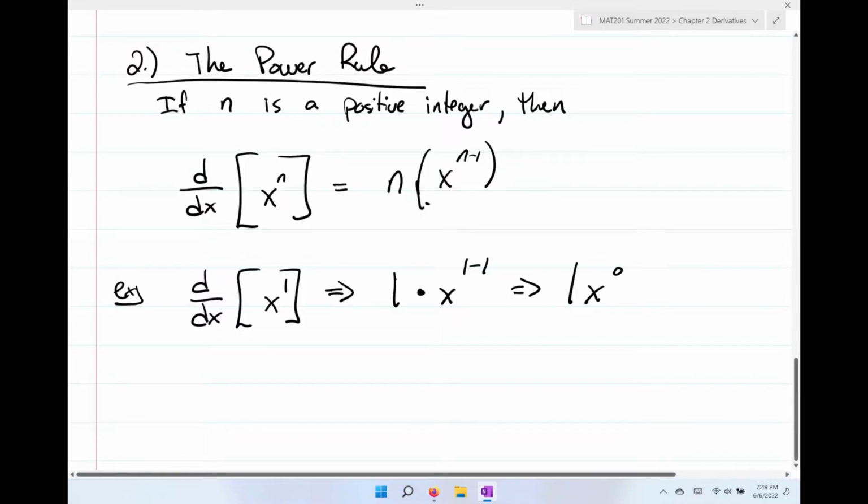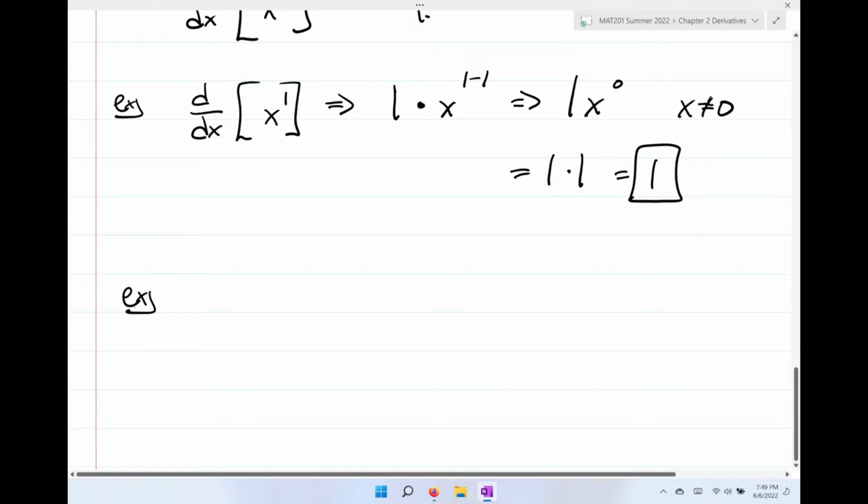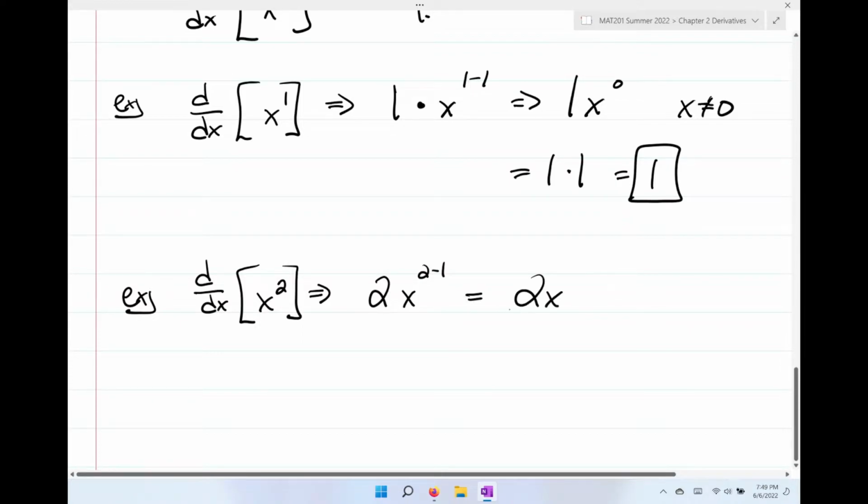And as long as x does not equal 0 here, x to the 0 is 1. And 1 times 1 is 1. Now let's see how this applies to the second example that we did. So if we wanted to find the derivative of x to the second, all we have to do is take the power, put it out front, and subtract 1 from that power to give us 2x. And that is your derivative.